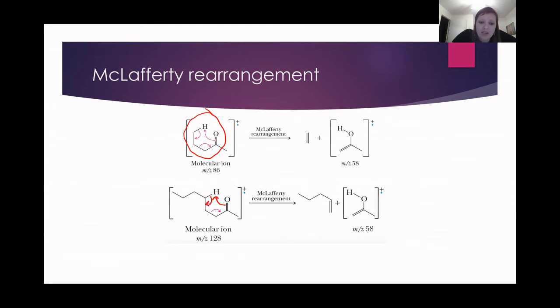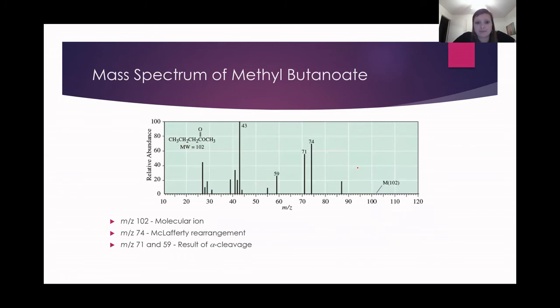That results in a double bond that gets moved over to near where the oxygen is, and that breaks apart right here, so that we get 2 different products, and this would be the base peak, or at least a large peak, with McLafferty rearrangement.